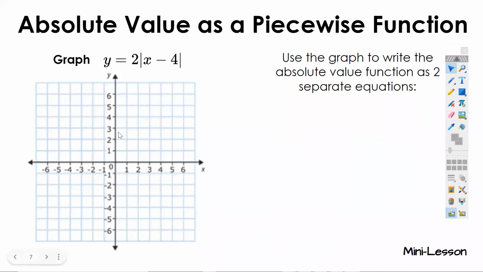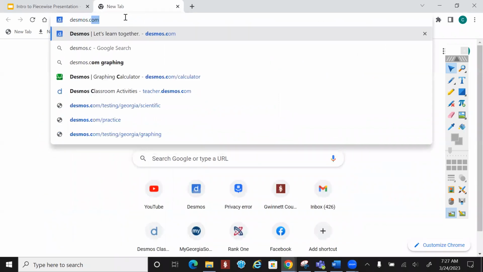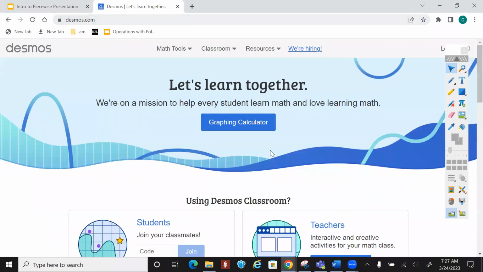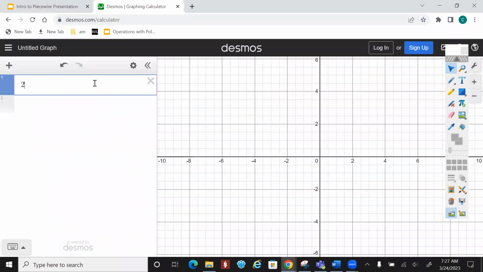All right, so if I took this equation, I'm going to show you the Desmos way to do this. I'm going to take this equation and type it into Desmos to make our lives a little bit easier. And remember, the way to put in absolute value is to hit Shift and that backslash button.